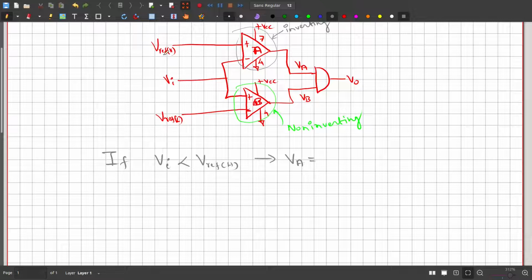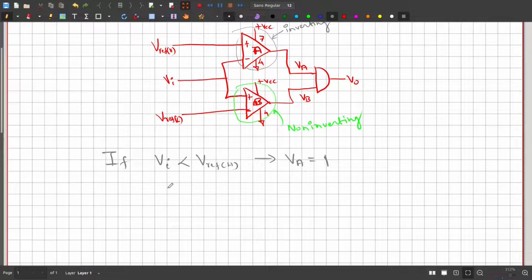Therefore, it ties the output to the upper saturation voltage, so we have a logic high; let me write it as 1.